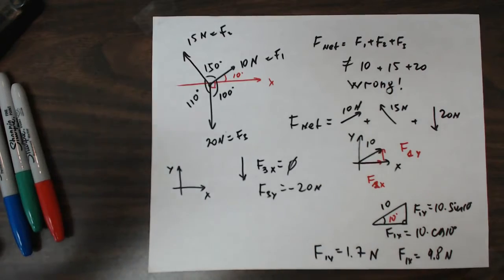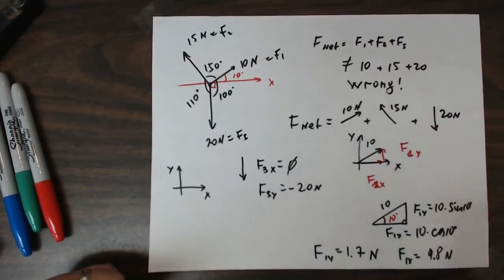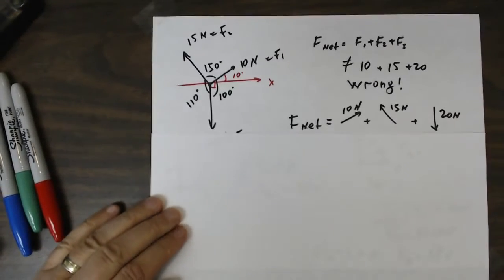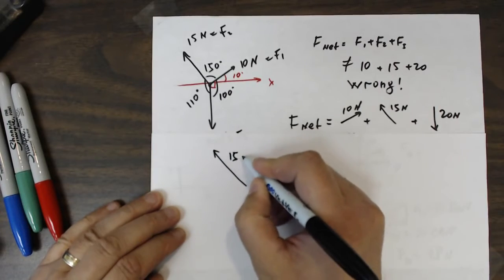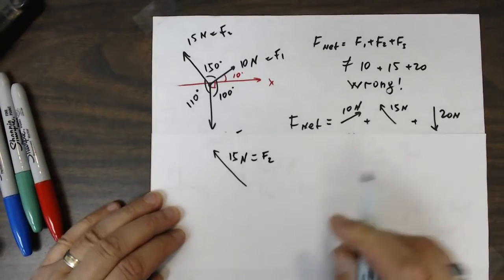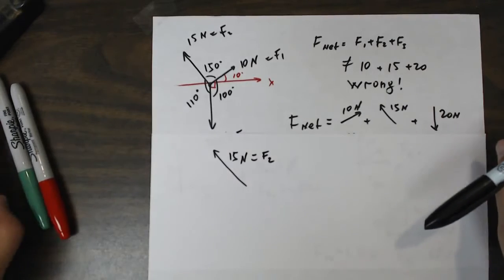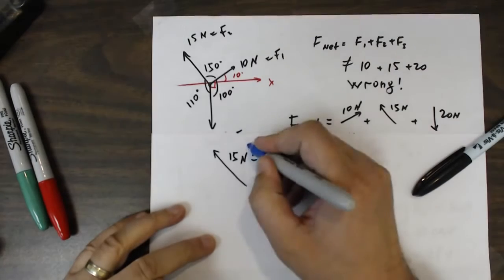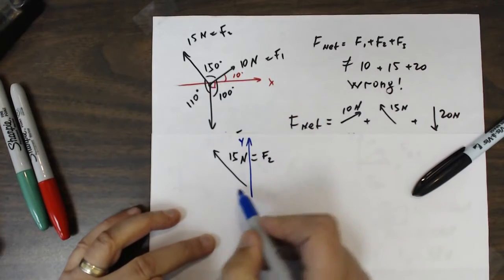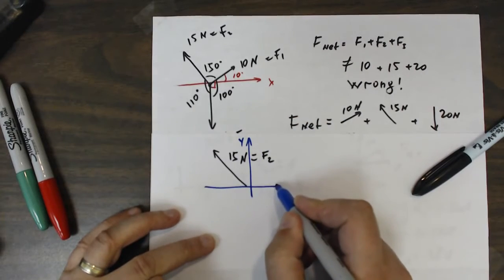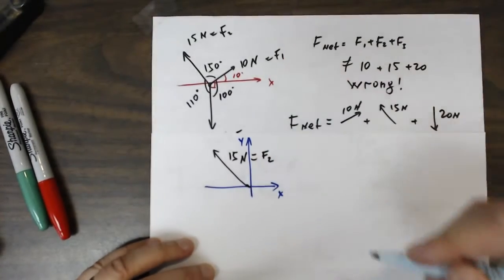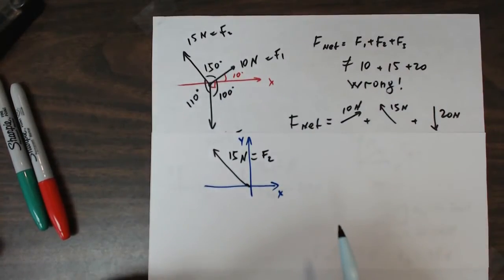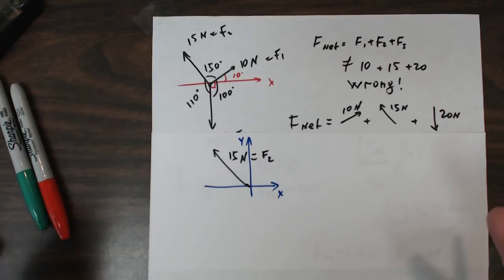One more arrow. This number, force number 2. So again, this is the force number 2. Well, okay, let's use the blue marker. Well, this arrow also has two components.